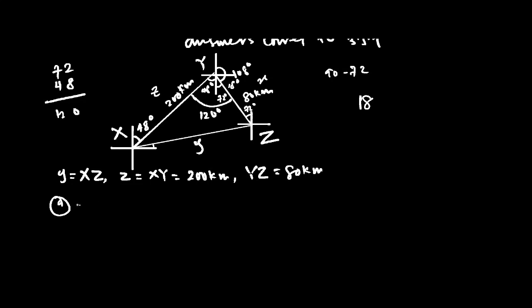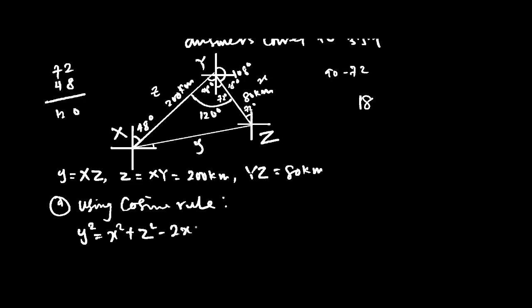So we state it using cosine rule. You have that y square is equal to x square plus z square minus 2xz cos of y. Do you understand that now?